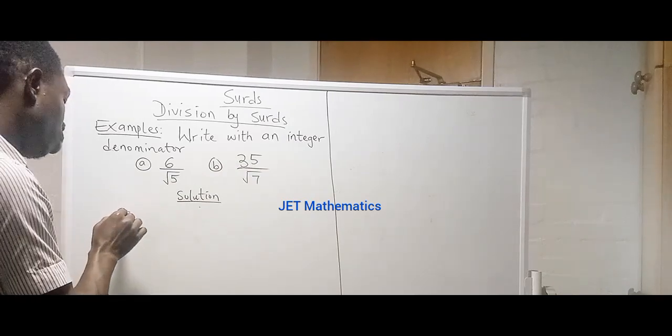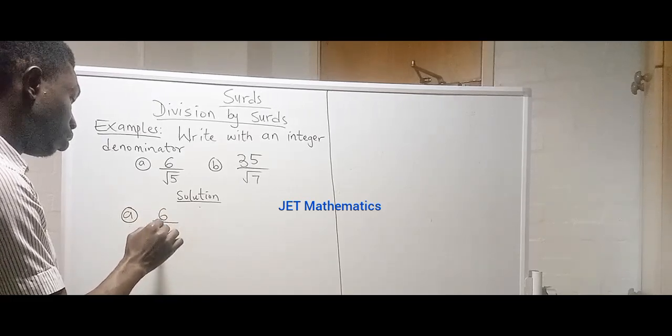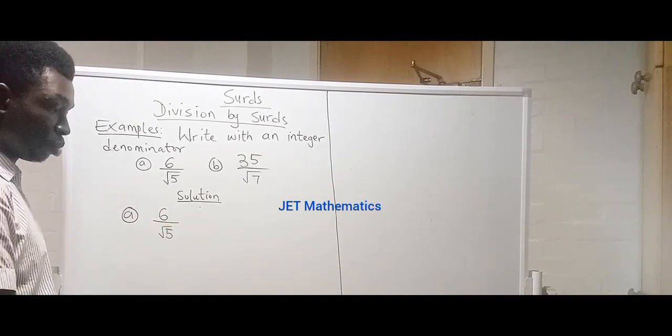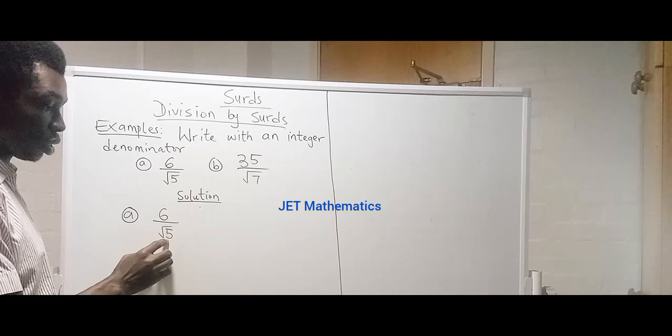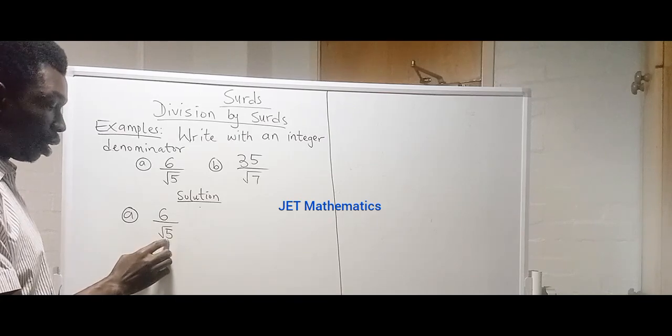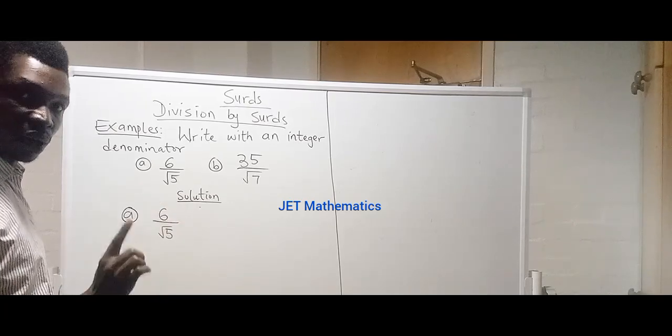So our first example, we have 6 over root 5. Now to make this a rational number, I can multiply it by itself. When I multiply root 5 by root 5, remember it will give us 5.